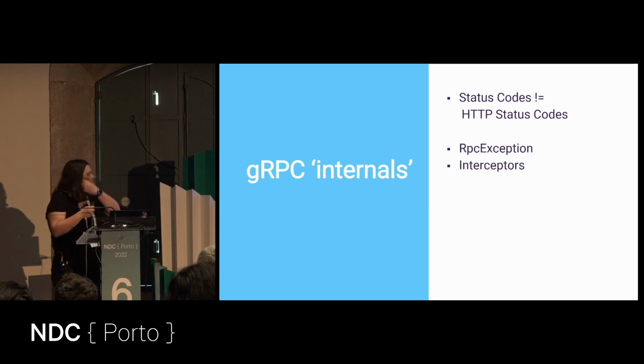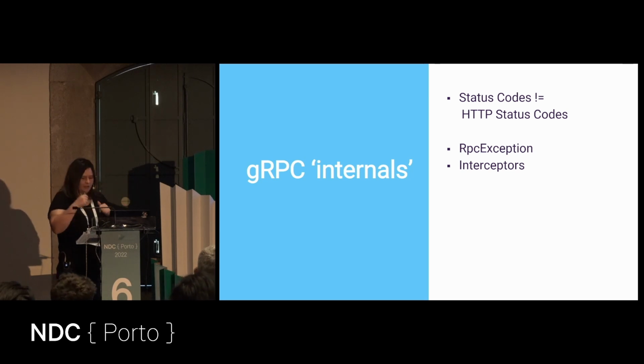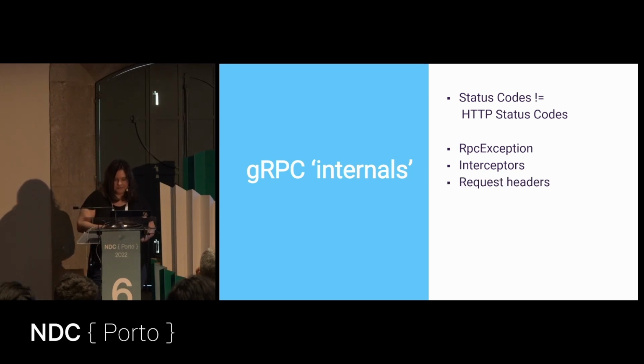And you will have 4 types of interceptor, specific to each of those methods: unary, server streaming, client streaming, and bi-directional. So if you have scenarios where you need to add a header, maybe, you can add an interceptor, and that interceptor will be called whenever your gRPC call is made.